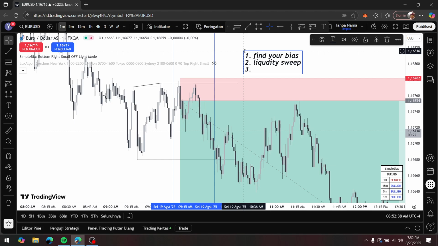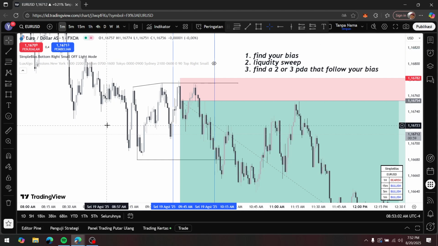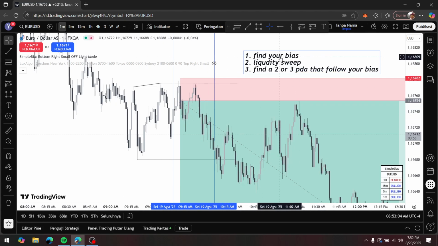And then find 2 or 3 PDA that follow your bias.